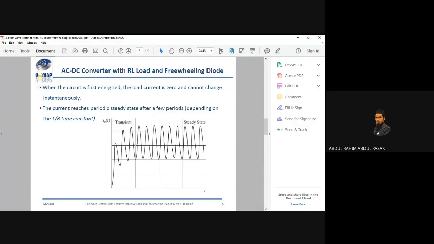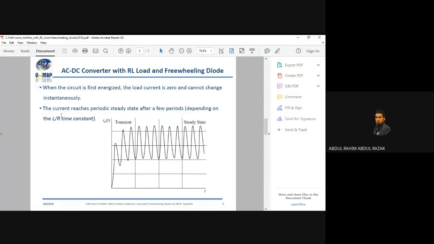Is that one of the concerns? When the circuit is first energized, it starts from 0. That's why when you start your simulation, the curve will rise up, and after a certain time it becomes stabilized because it has reached steady state. The current reaches steady state after a few periods depending on the RL time constant.